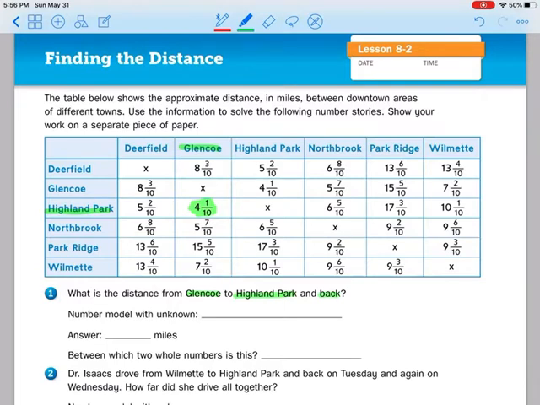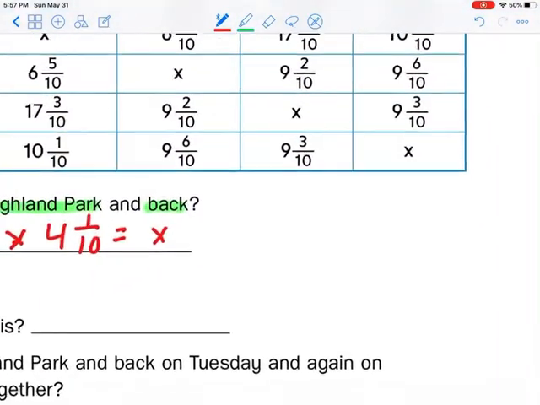But it's there and back. So our number model would be, you have to do that 2 times. 1 time there, 1 time back. So it'd be 2 times 4 1/10 equals X for the distance. So now we have to figure out what that is.